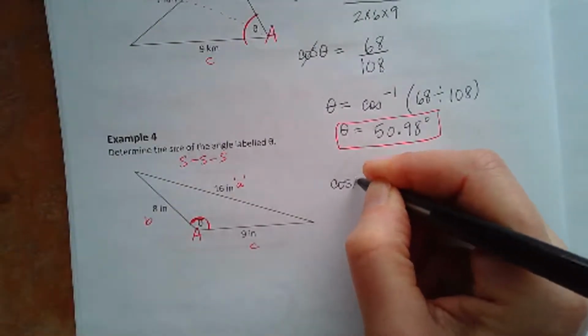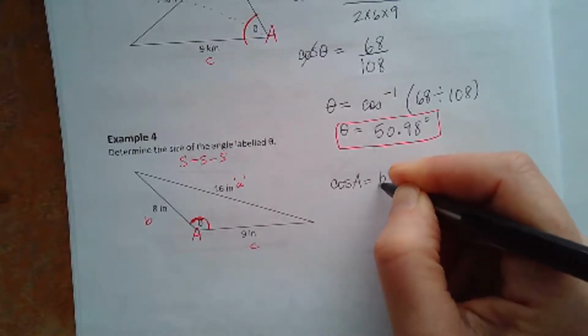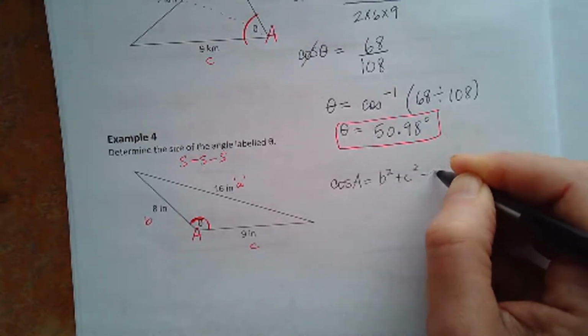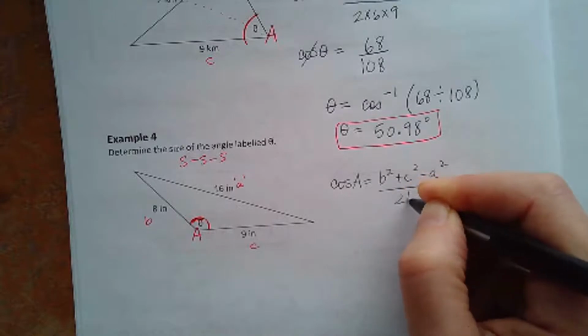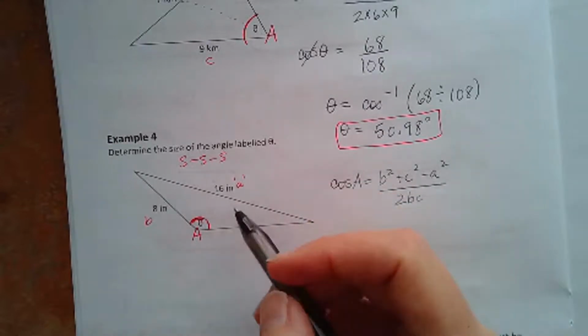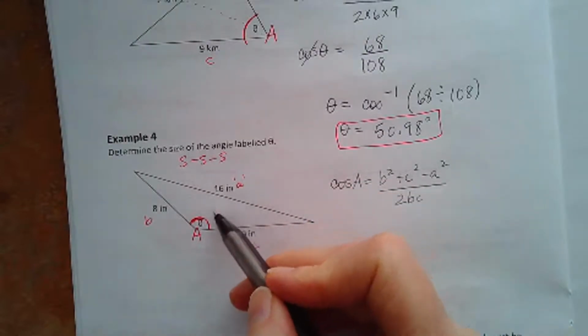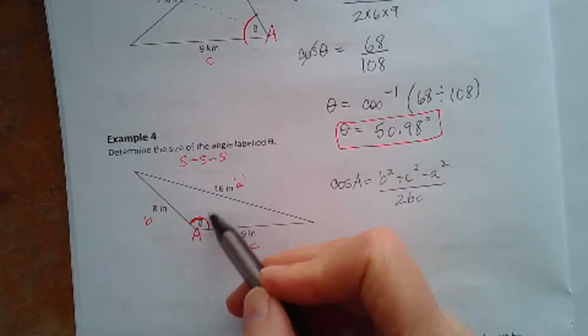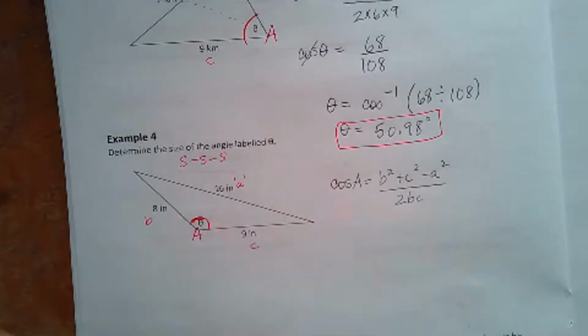I'll rewrite the formula. Cos of A equals B squared plus C squared minus A squared over 2 times B times C. Initially, the hard part is just putting all the numbers in the right spot, right? The biggest thing is identifying who A's partner is, angle A's partner.